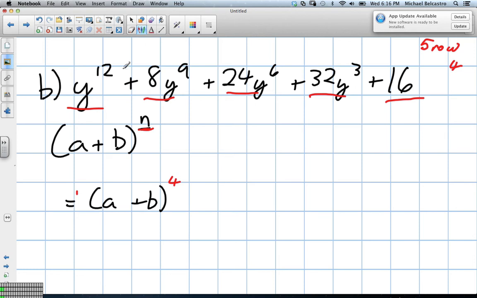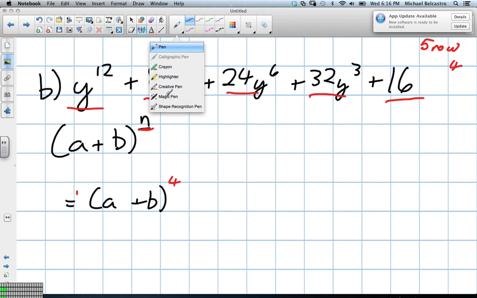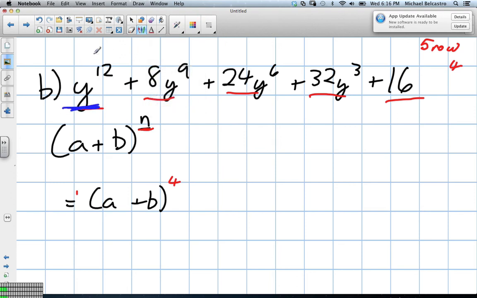So, in other words, to figure out what the original term was, because remember the terms on the outside are just one value, and to figure out what the original value was inside our bracket, this will be our A term, and this will be our B term. We essentially want to take them to the 4th root, because we're to the power of 4.